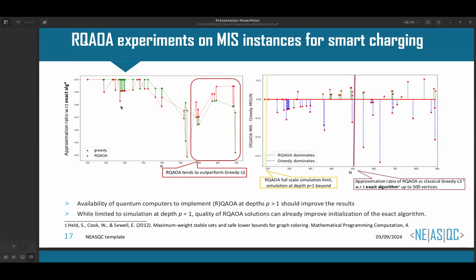On the right, it's another representation, but it goes beyond 500. We try to solve up to 900 vertices, but beyond 500 we do not have the reference of the exact algorithm. So our QAOA is exact up to the yellow vertical line with depth p equals 1, and beyond there is no guarantee.